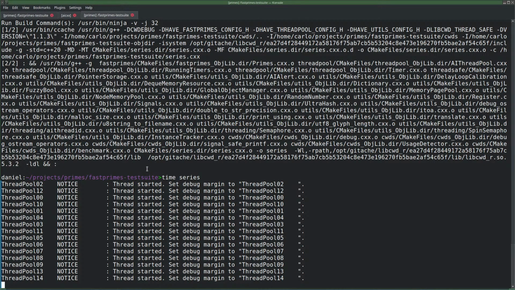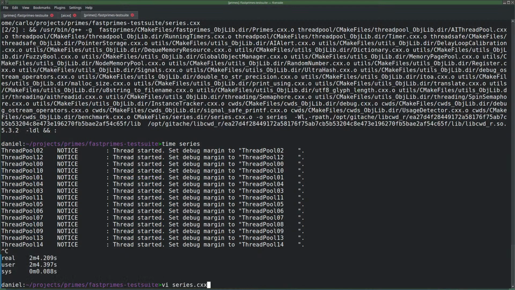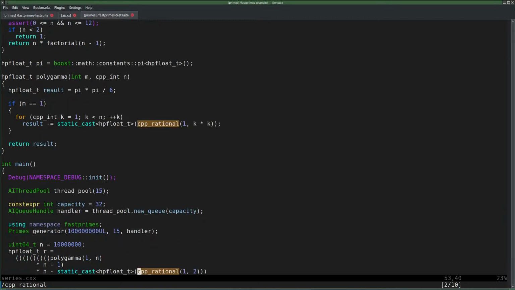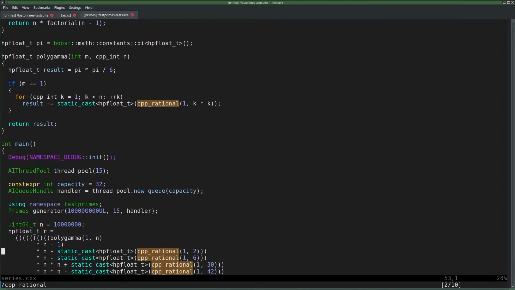So then it gets less accurate, but it still has an accuracy of whatever the floating point is, which is currently 200 digits. This takes long as well. I'm going to try that. So CPP int, no, rational. That's the big problem, I think. That's the biggest problem.